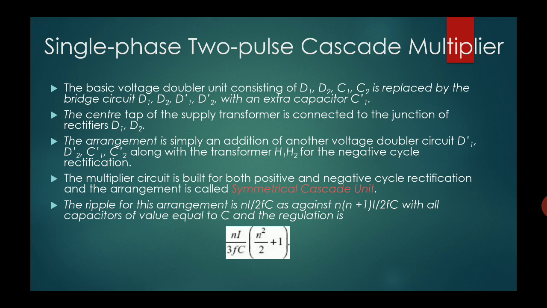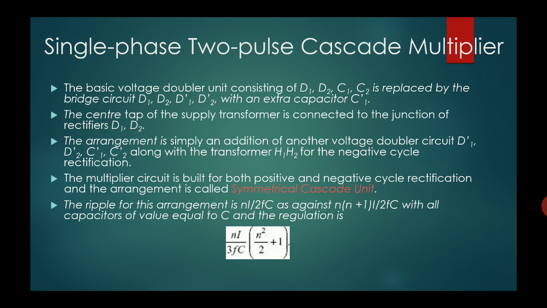The arrangement is simply an addition to another voltage doubler circuit D1 dash, D2 dash, C1 dash and C2 dash along the transformer H1, H2 for negative cycle rectification. The multiplier circuit is built for both positive and negative cycle rectification, and the arrangement is called a symmetrical cascade unit.